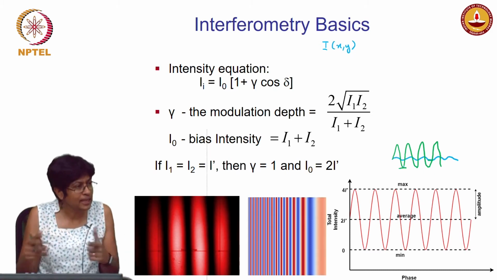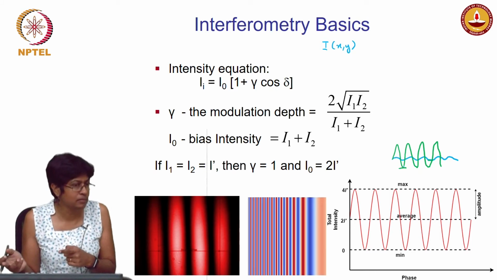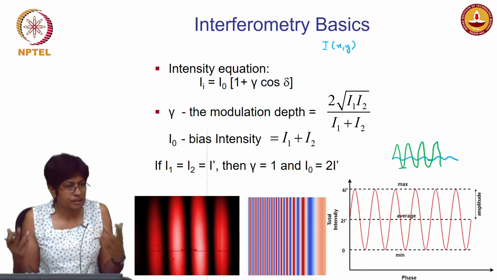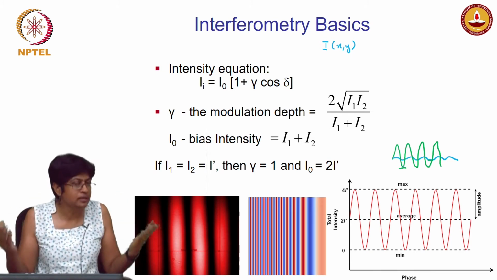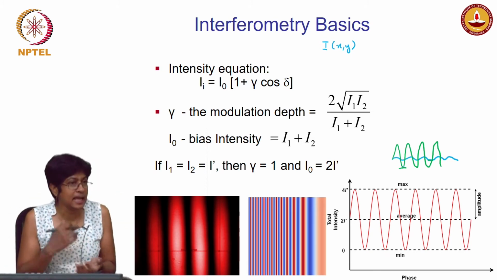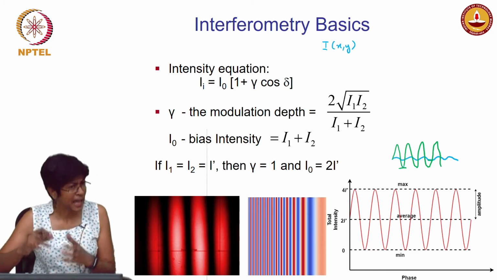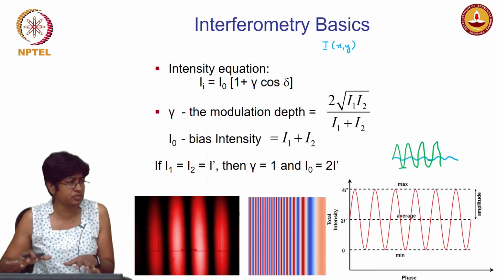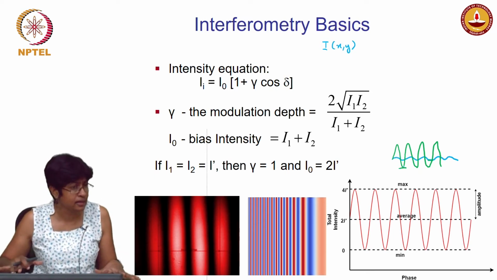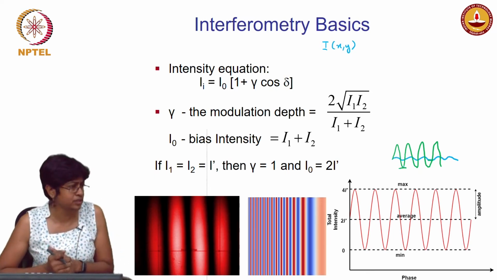So, when will I get a modulation depth of 1? If the beams have equal intensity. So, I really want the two interfering beams to have equal intensity, and if I had one beam reflect off a sample, and in the process of reflection the intensity dropped greatly, how would I improve my interference? What could I do?